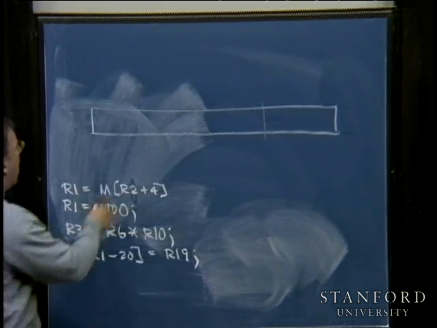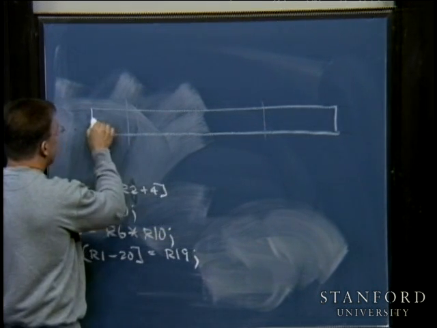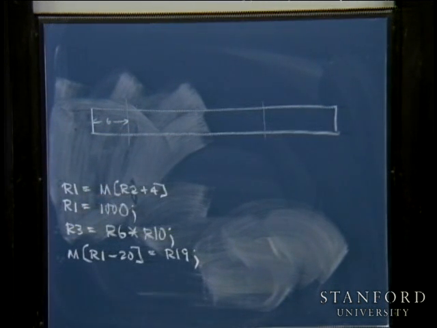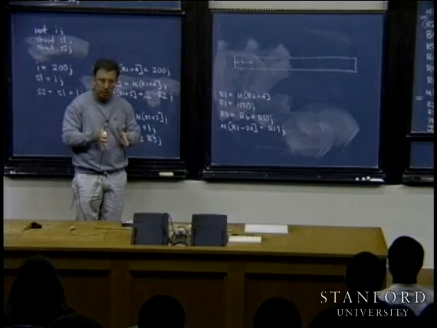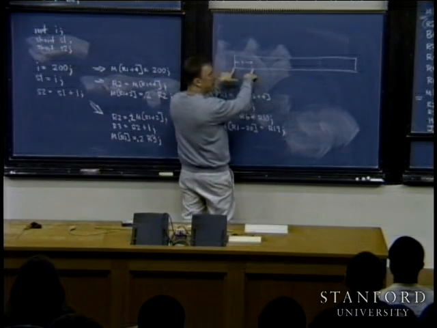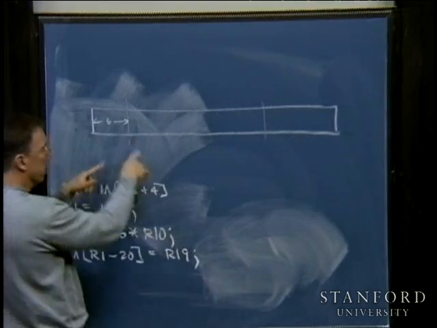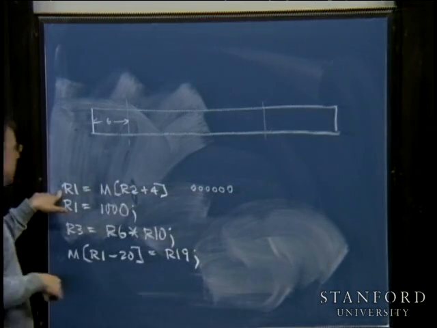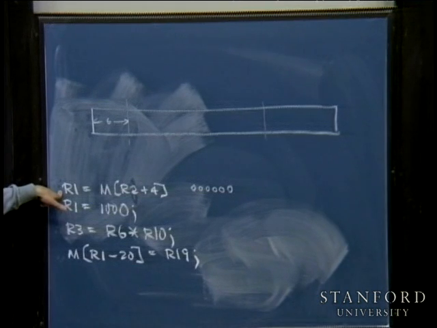Okay? So I might set aside the first 6 bits of all 32 bits to be the part that the hardware looks at to figure out what type of instruction should be executing. Maybe it's the case that this space right here would be called an operation code or an op code. Maybe it's the case that all zeros means this type of load instruction.